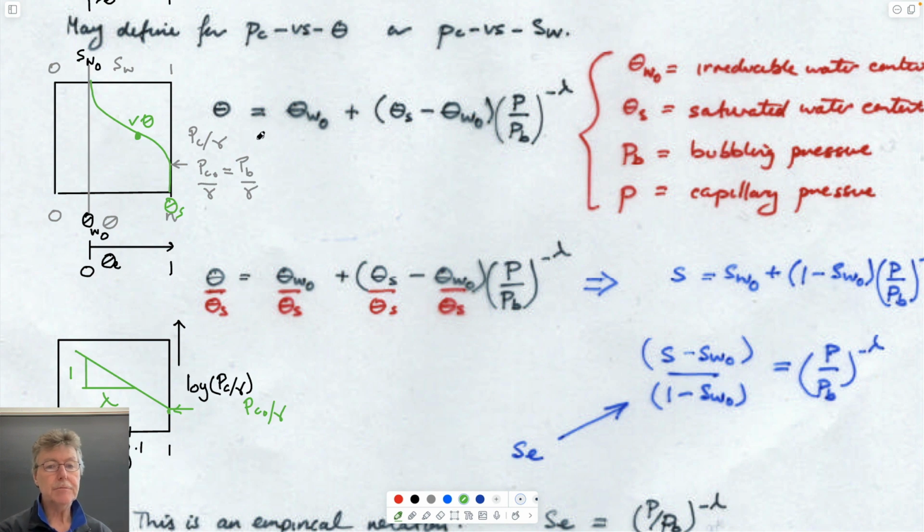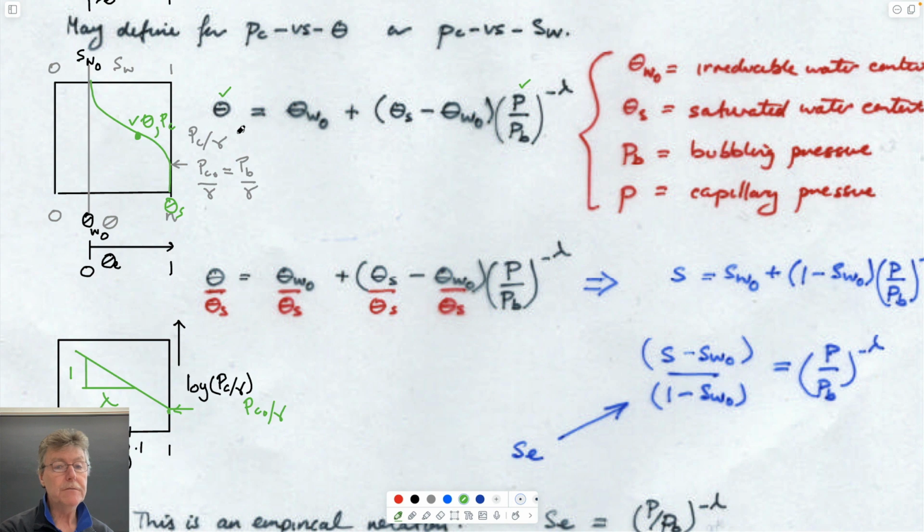And so if we take this expression up here, this is the pressure that we find ourselves at. So this is the capillary pressure where we have this particular theta. So these are the ordinates, if you like, where we are in our graph. This is a characteristic of the porous medium, the bubbling pressure, or PC0. And it relates behavior with some exponent that we still have to see.